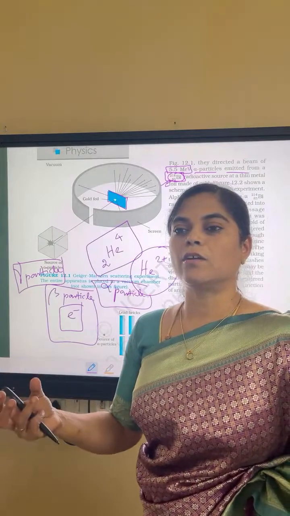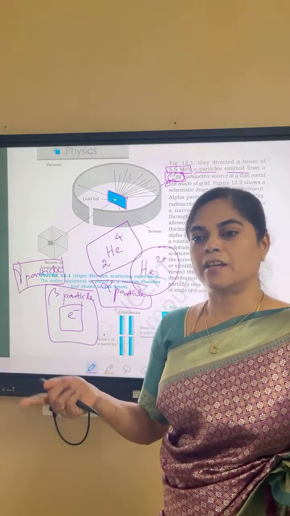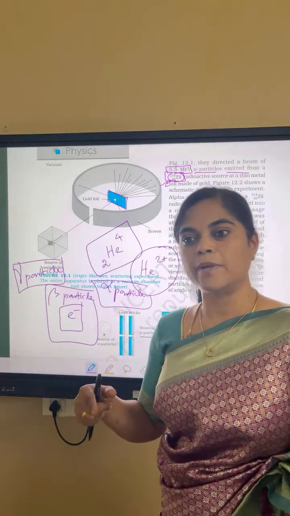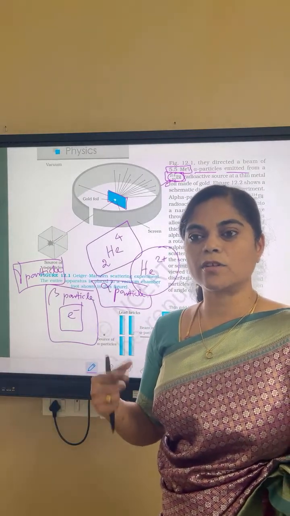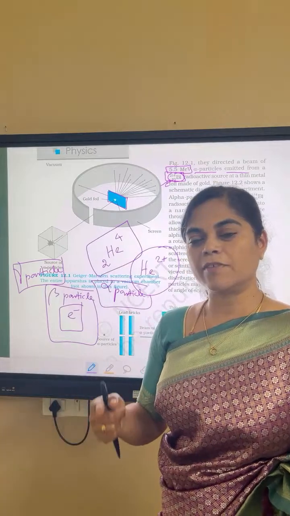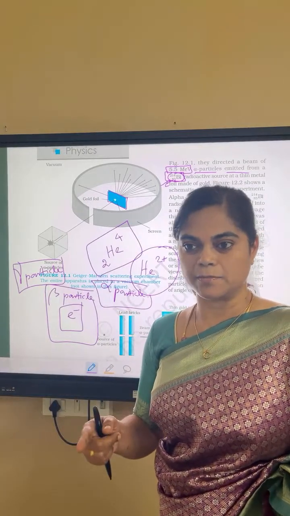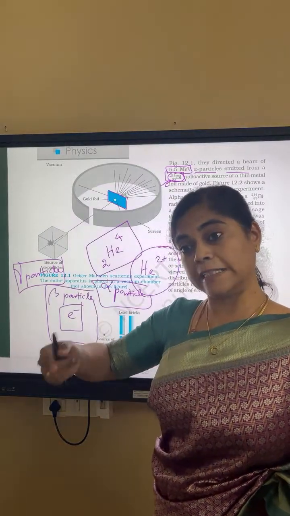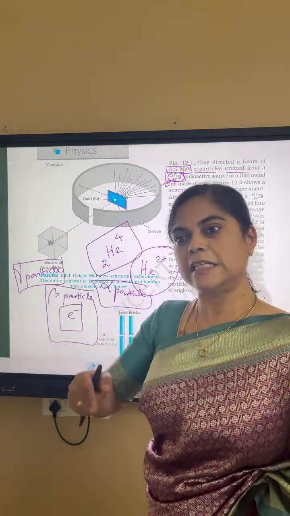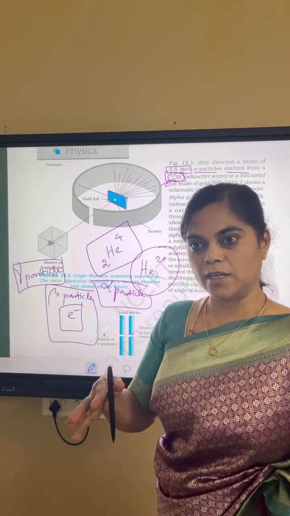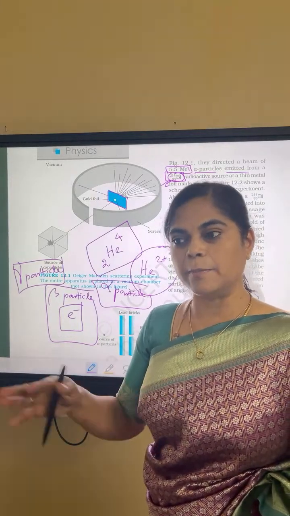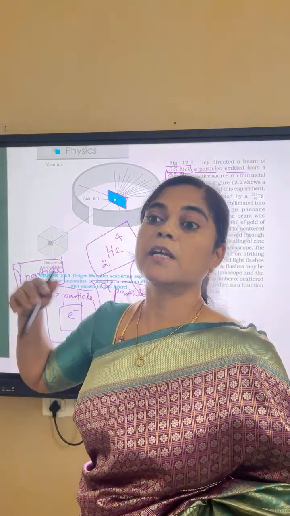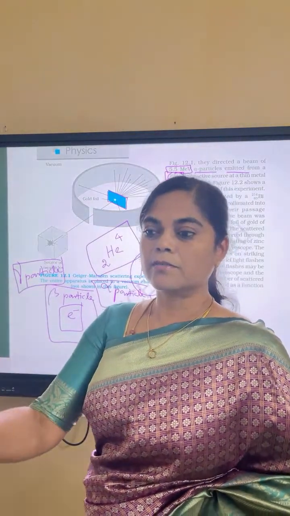How is an electron lost by an atom? By means of ionization energy. How is an electron gained by an atom? By means of electron gain enthalpy. So each and everything requires energy for an atom. Understood? If atomic bombardment takes place in the nucleus, it needs that much energy. Once it gets bombarded, that much energy is radiated out of it.